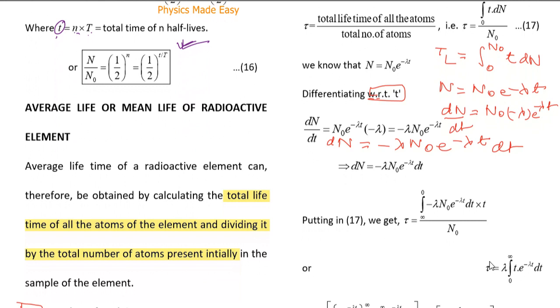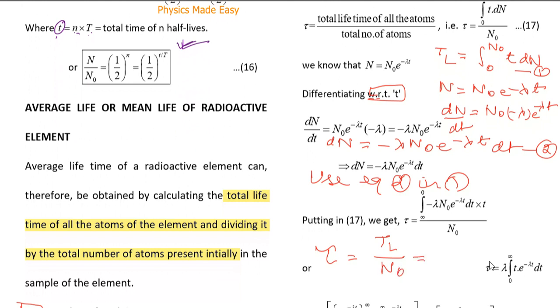Now, if we want to integrate it, so this is dN. I will call this equation number 1 and this equation number 2. Now use equation 2 in 1. What we shall have, average life tau is equal to TL divided by N naught.